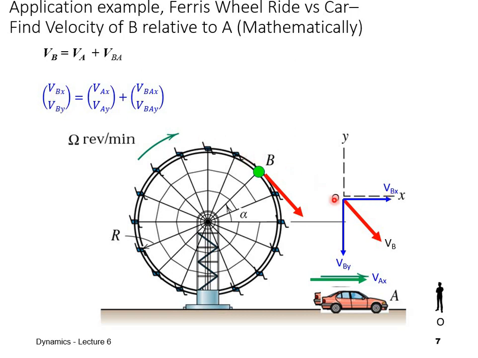We already broke it into X and Y components. For VAX and VAY, there is only an X value, no Y value. Then you will get the velocity of B relative to A.